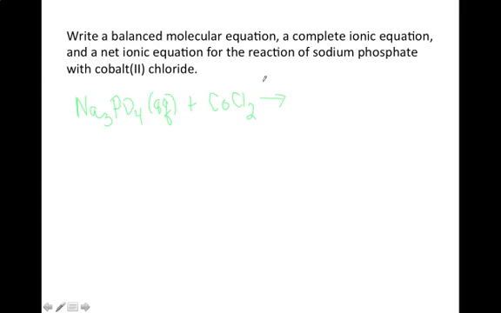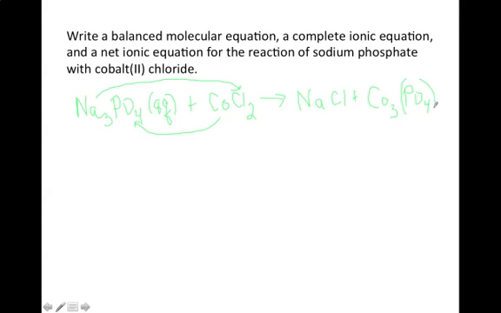Possible products are sodium chloride. That's when sodium switches partners here. And cobalt phosphate. Okay, cobalt 2 phosphate. So that would be Co3, because phosphate is PO4 3 minus.